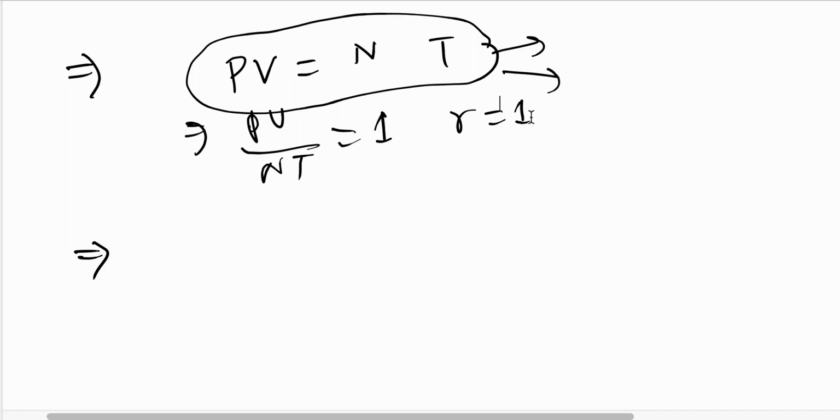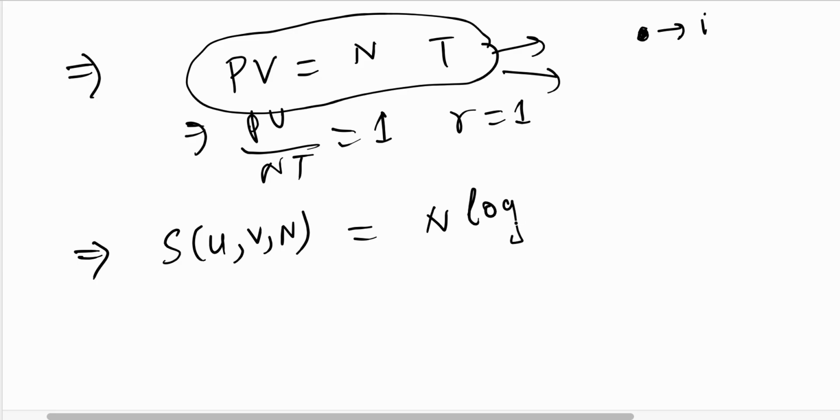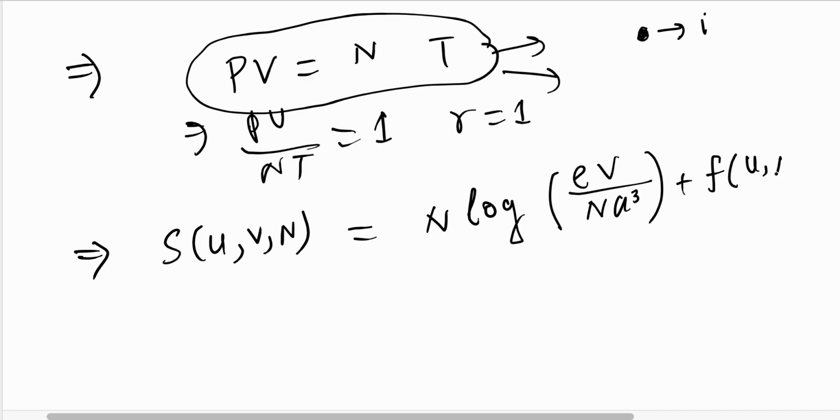As in the lecture, the entropy for a classical gas, where the classical gas particles are identical, is given by the Sackur-Tetrode form of entropy, which is N log of eV by N lambda cubed, plus some other terms which will be a function of internal energy and number of particles.